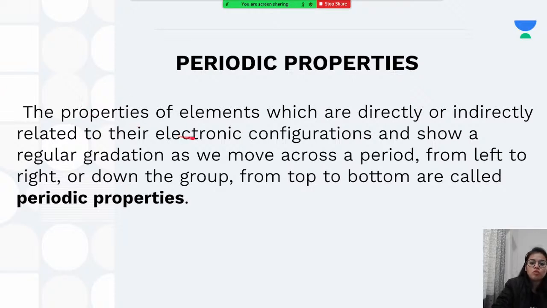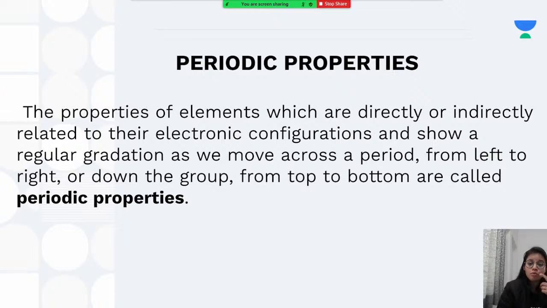These are properties related to electronic configuration: what their atomic number is and how the electrons are arranged.